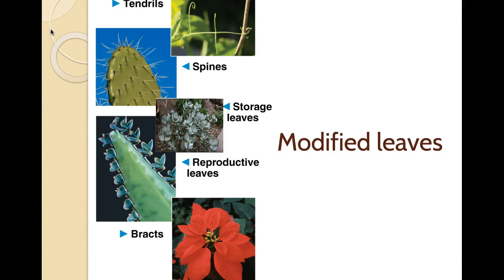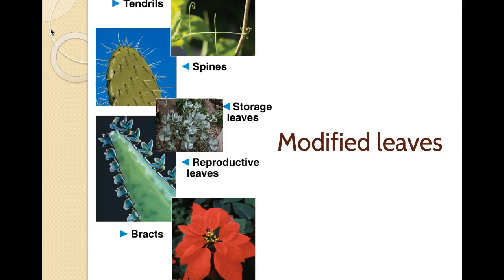Now there are also leaves for storage, and examples would be succulents, which is being shown, could be aloe, and actually even a cactus, the actual part of it where it stores lots of water and carbohydrates, those would be storage leaves. Another type are reproductive leaves, and as you look at this, it looks like a leaf with little mini leaves. The mini leaves are going to drop off and go into the soil, so they're for reproduction.